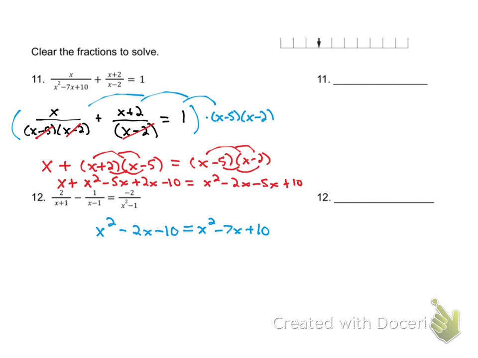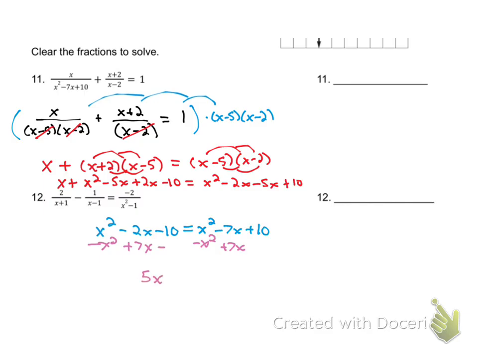All right. Then from there, the x squareds would cancel. Add 7x. We would get 5x.